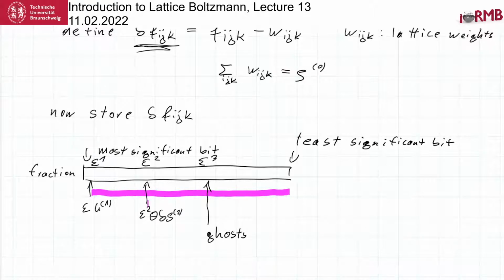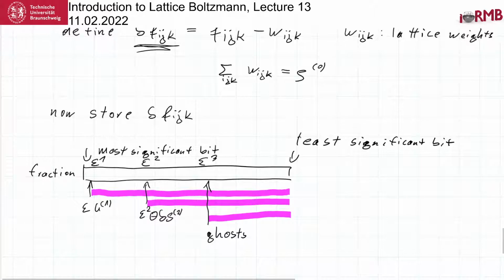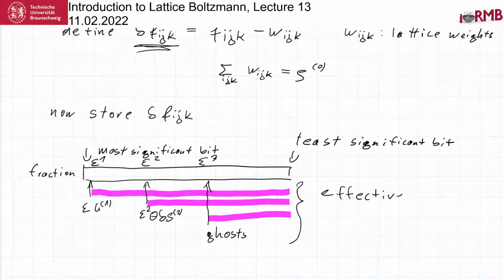For the pressure we have much more than before, and for the ghosts also. So these are still our effective available bits, and they have become much more.